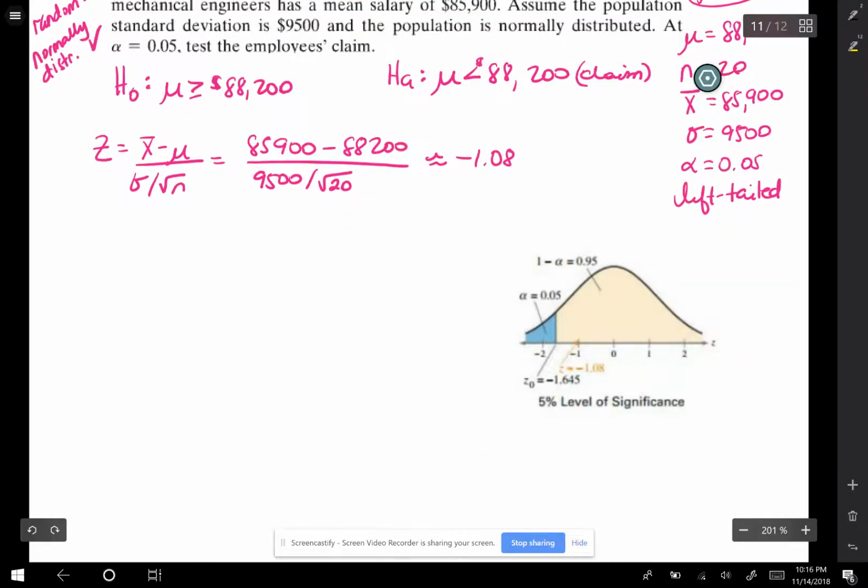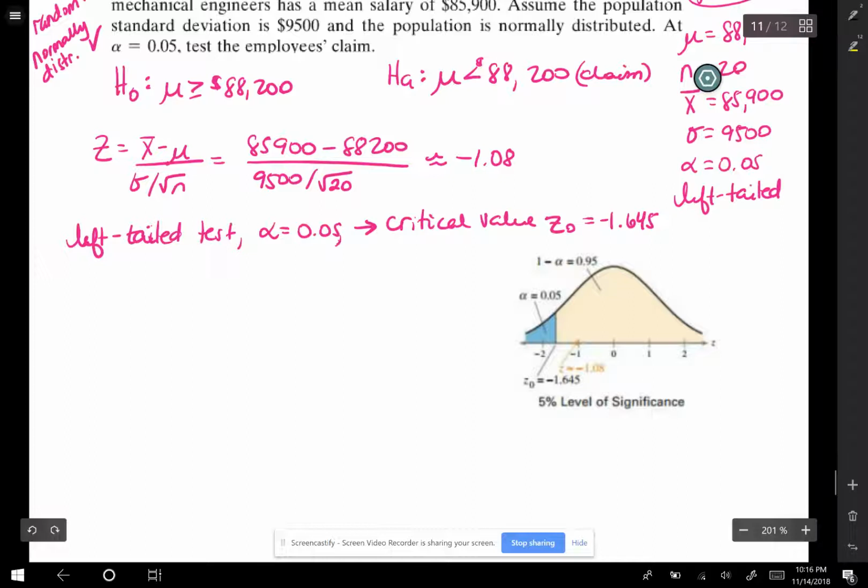So once we have that, we're going to say that we have a left-tailed test. I'm just writing down what we just found and how we found it. So we have a left-tailed test. We have level of significance at 0.05. So that gives me the critical value, which we call z sub 0 of negative 1.645.